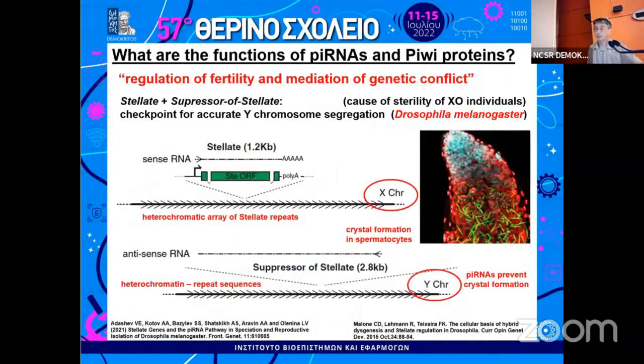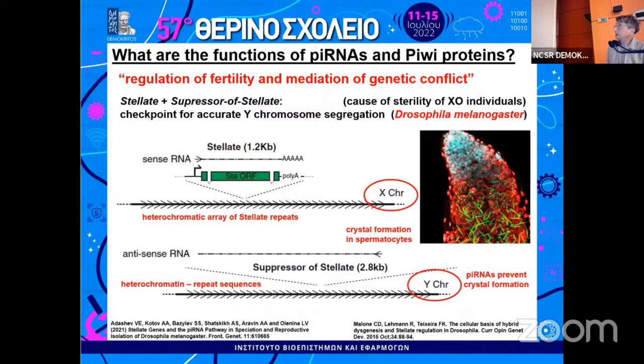Another function of piRNAs and PIWI proteins is in the regulation of fertility and the mediation of genetic conflict. This has also been investigated in Drosophila, specifically in the testes of Drosophila.